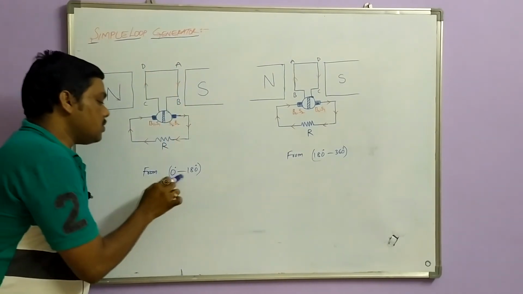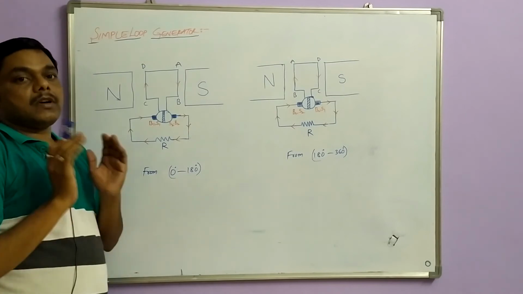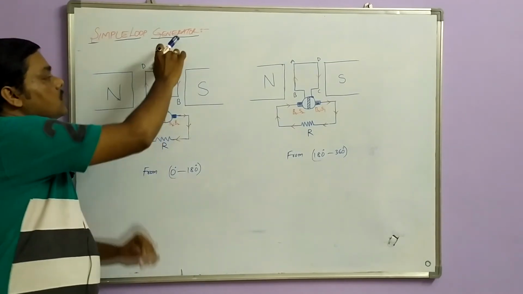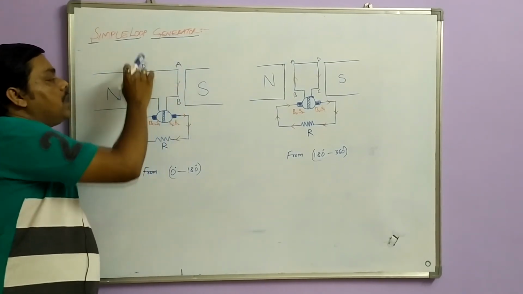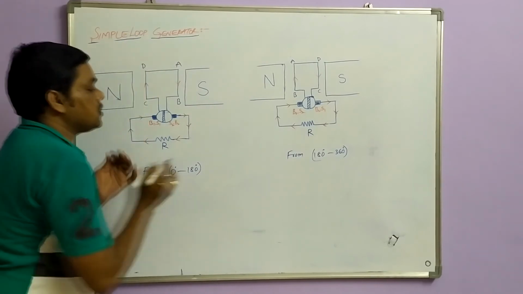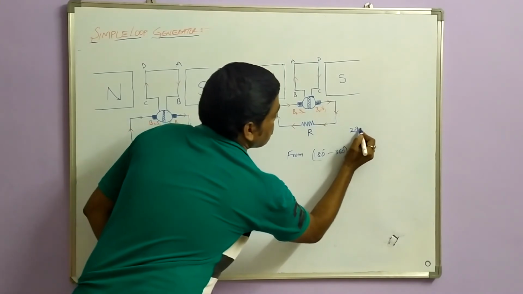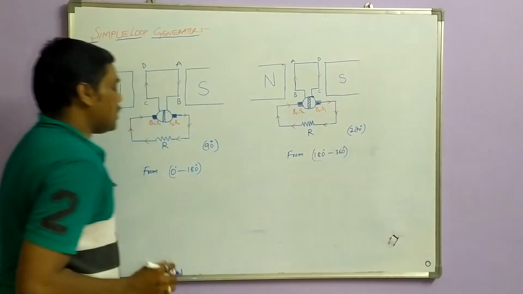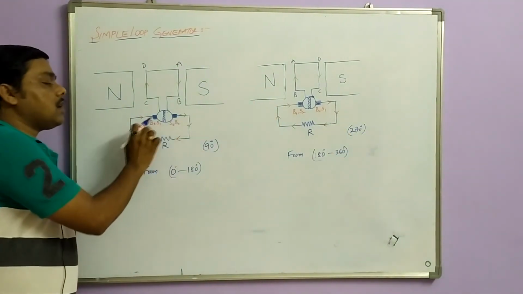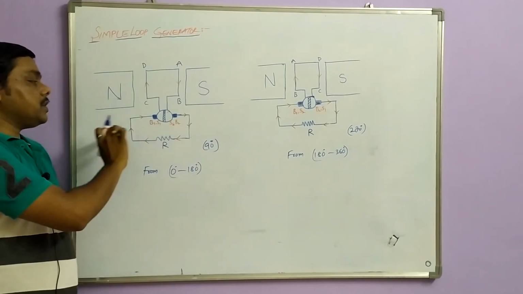Now from 0 to 180 degrees, that means the first half cycle, the current is flowing from A to B and D to C. Of course this is the 90 degrees position I am showing, and this is the 270 degrees position I am showing, but the segments are connected 0 to 180 degrees.